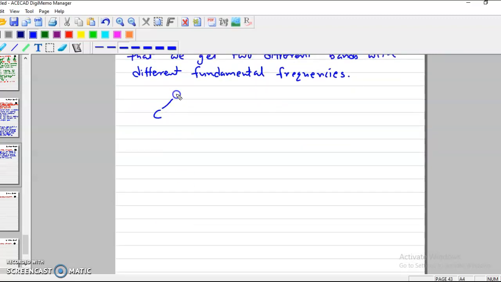As we take CH2 group and if symmetric stretching takes place, then we will have CH stretching frequency at about less than 2900 centimeter inverse.